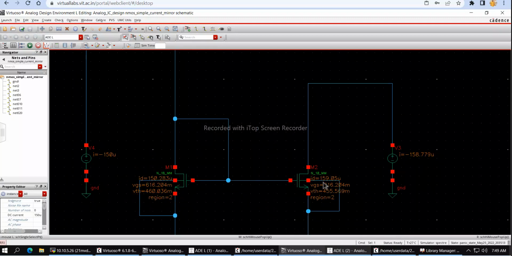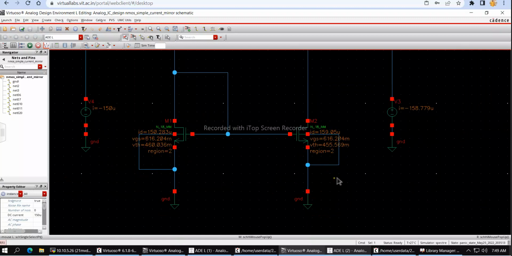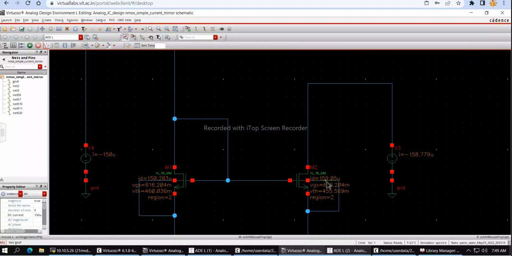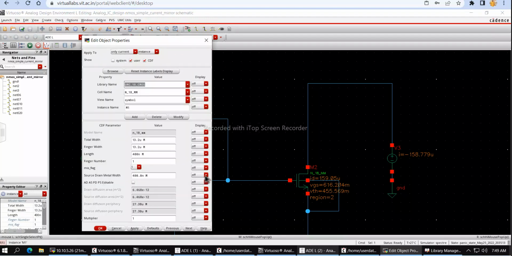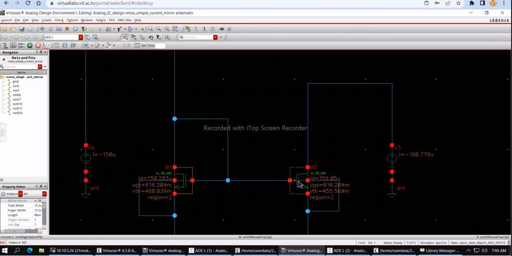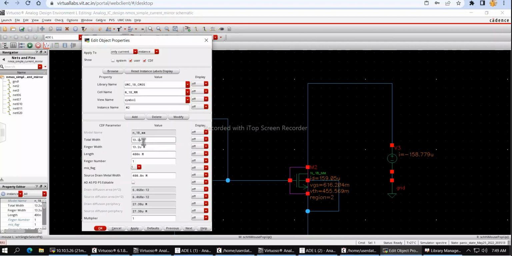So we can see this is able to sink a current of 159 microampere. What we were expecting was 150 microampere. So now we can make it approximately 150 microampere by reducing the width.